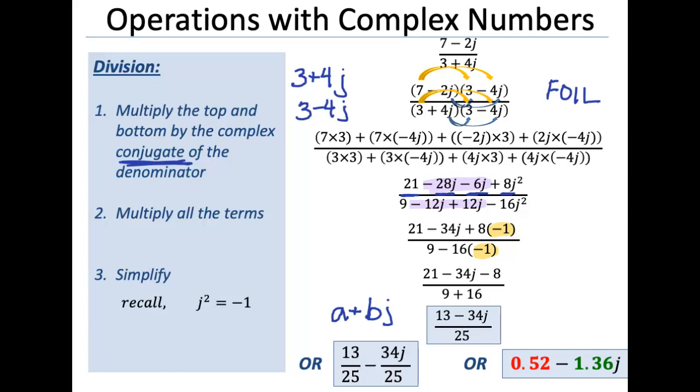You need to write this as 13 over 25 minus, the b here is 34 over 25, times j. Or they may ask you just to write it as a decimal value. So you could plug in those numbers in your calculator. 13 over 25 is 0.52 and 34 over 25 is 1.36. But you want it to look like this. You want it to be in the complex number form.